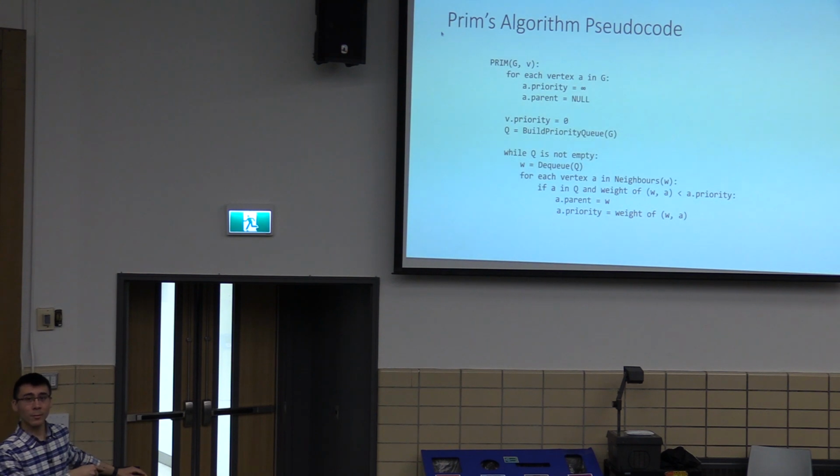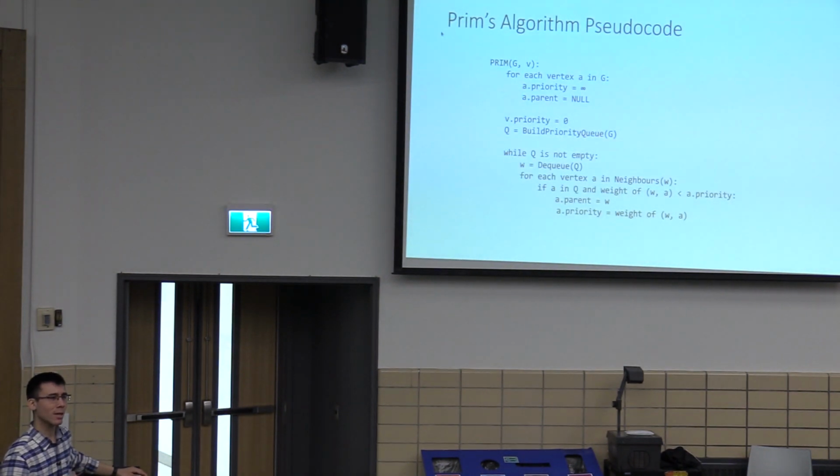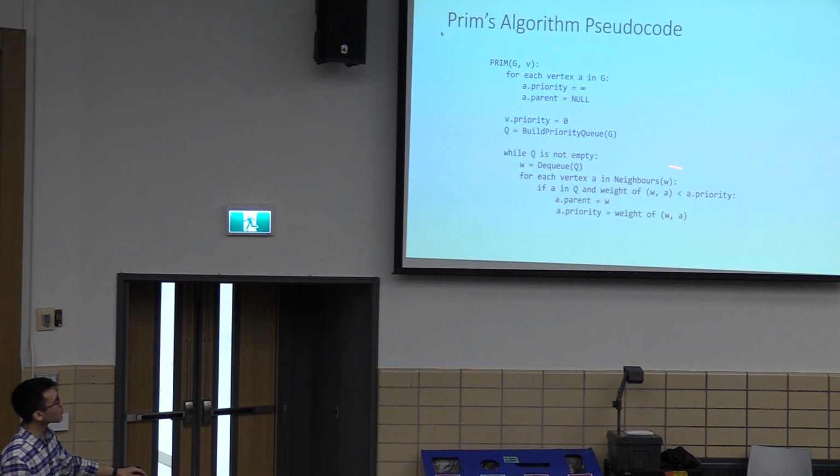By the way, we're implementing this priority queue such that the lower priority gets precedence, kind of like a min heap. So we dequeue the first one. We go through each of the neighbors of that vertex, and we set their priorities equal to the weight between our current vertex and each of the neighbors of w.